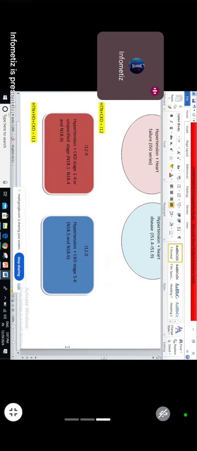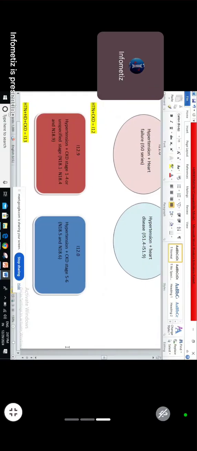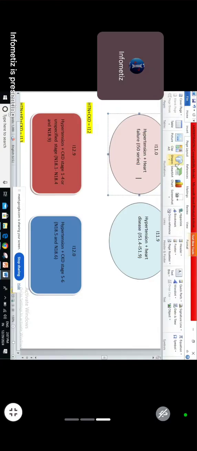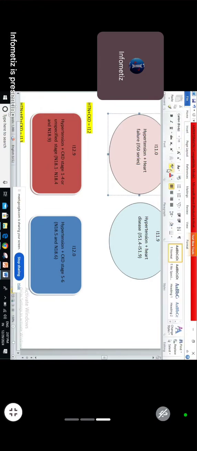So we have 4 diagrams here. These 4 diagrams are clear. If I want to make a color, find it out.